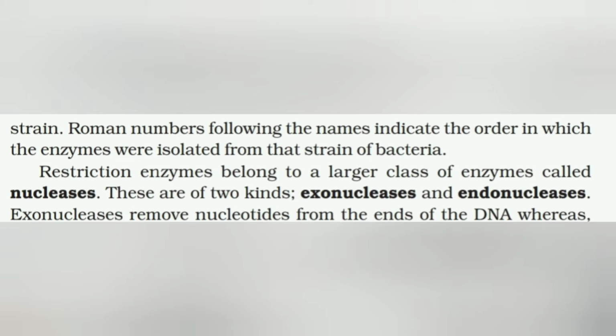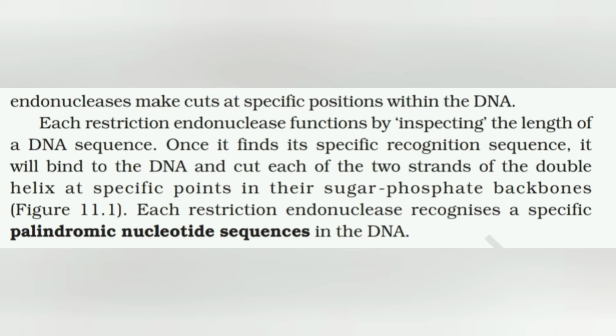Restriction enzymes belong to a larger class of enzymes called nucleases. These are of two kinds, exonuclease and endonuclease. Exonucleases remove nucleotides from the end of the DNA, whereas endonucleases make cut at a specific position within the DNA. Each restriction endonuclease functions by inspecting the length of the DNA sequence.